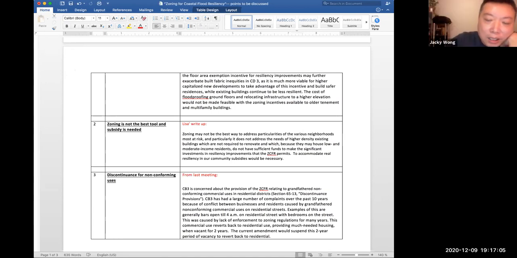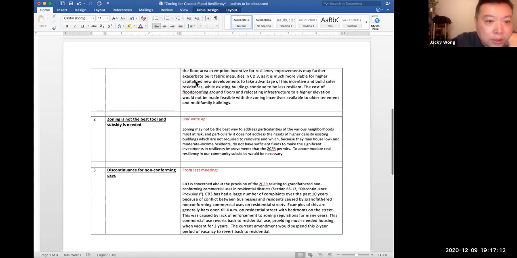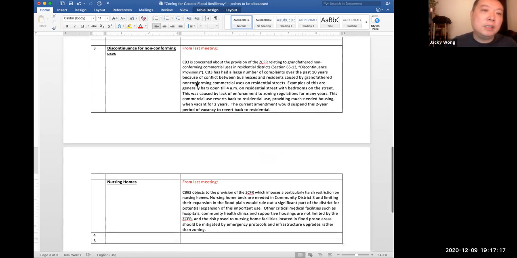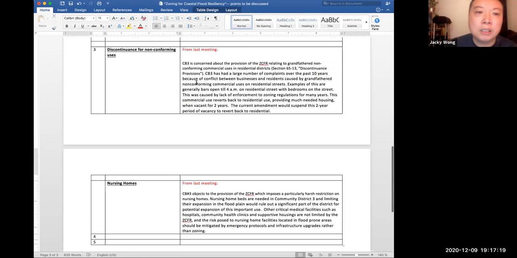Okay, all right. Then in that case, we are just going to go to point number 3. I'm going to give you some background on it. Let's say it was a residential use, and we call it non-conforming because it is used as commercial right now.